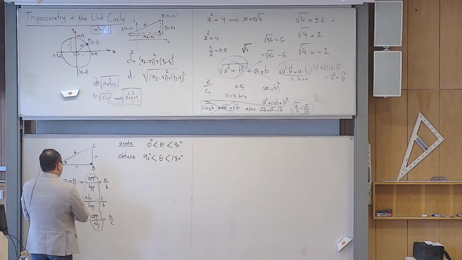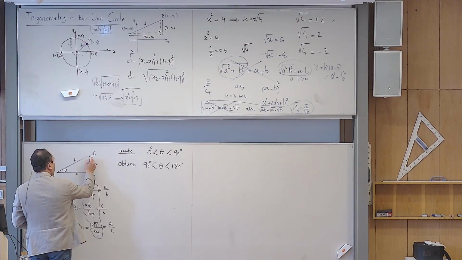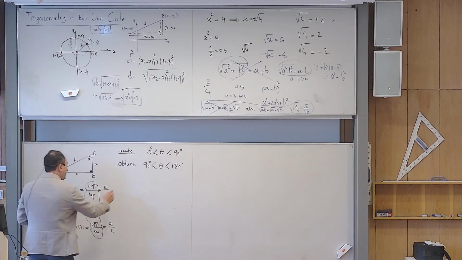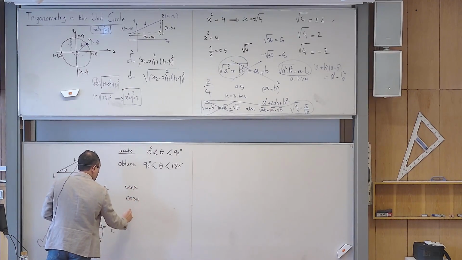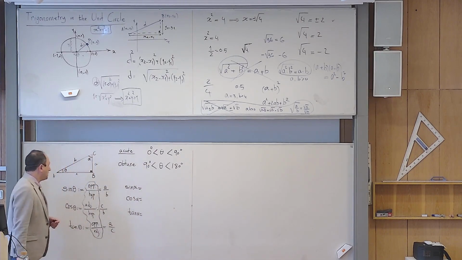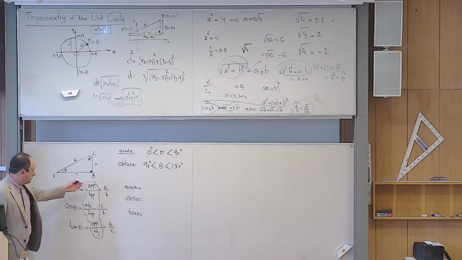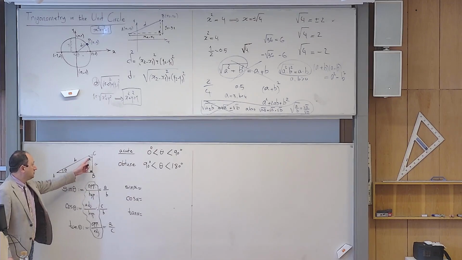Okay, let me test your understanding. Let me call this one, for example, another angle alpha. Can you help me to write sine alpha, cosine alpha and tangent alpha, just for practicing a little bit more? So what is sine alpha? Opposite to hypotenuse, yes? So what is opposite here?